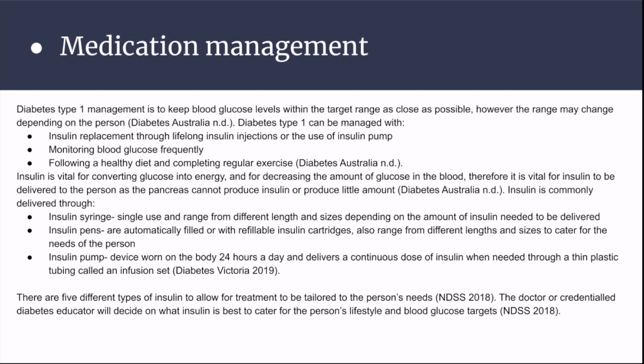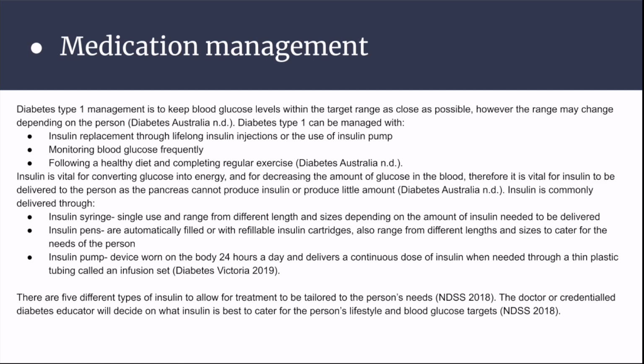The third type of insulin is intermediate-acting insulin. This starts to work within 1.5 hours after injection, has a peak action of 4 to 12 hours after being injected, and lasts for 16 to 24 hours. This insulin is usually given once or twice a day to help keep blood glucose levels within target limits. This insulin is known as Protaphane.